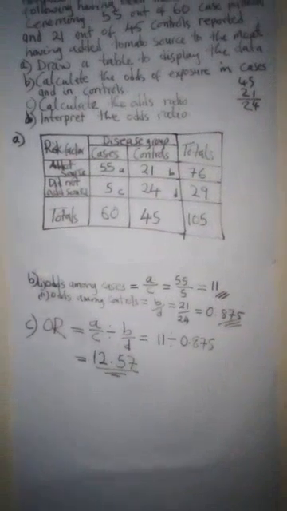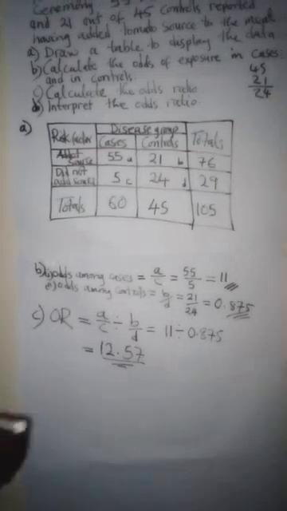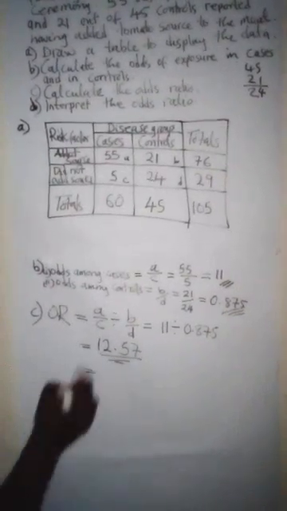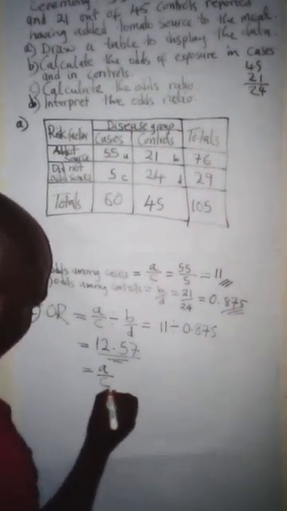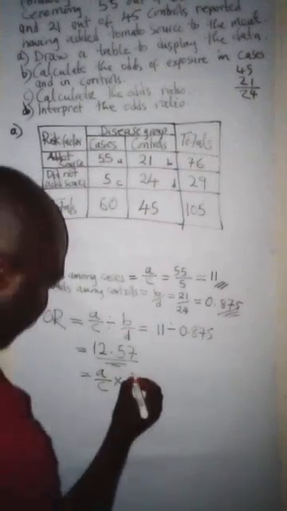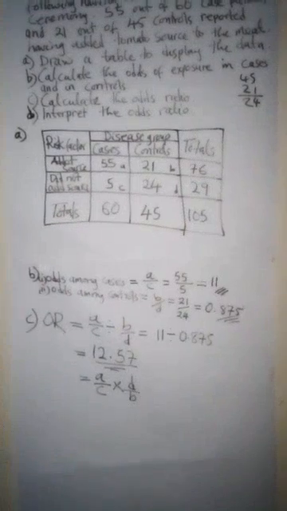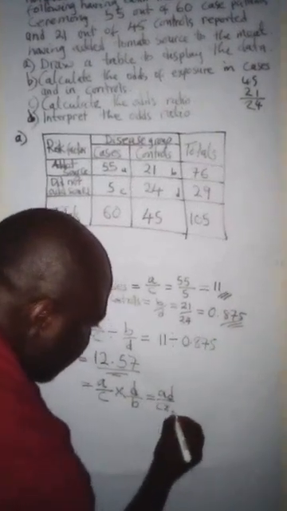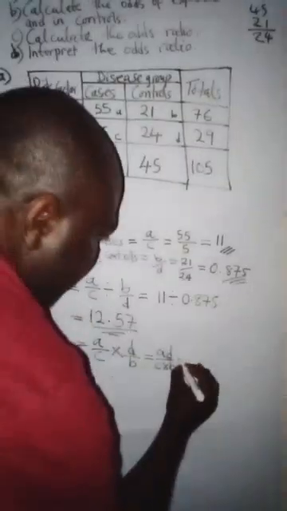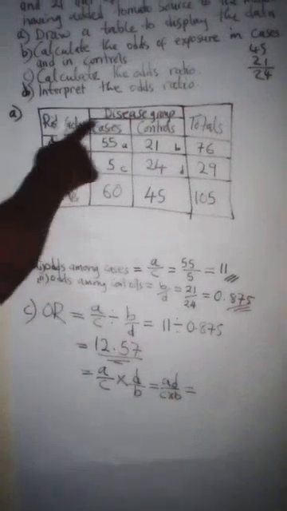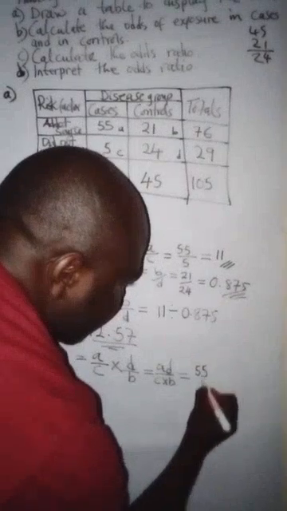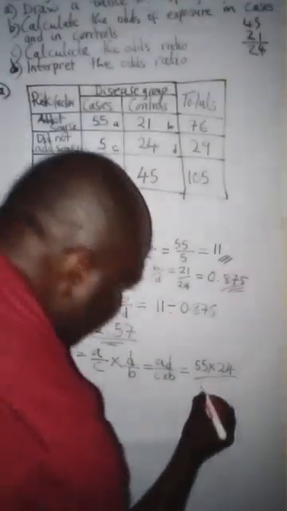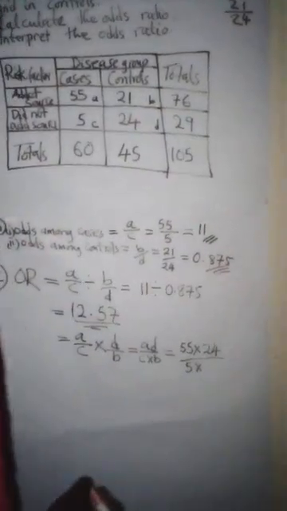The other way, if we introduce a multiplication sign, we can say A over C times D over B. Following the rules of mathematics, D would come on top, so this is going to be A times D over C times B. You can still follow from our table: A is 55, times D is 24, over C is 5, times B is 21.